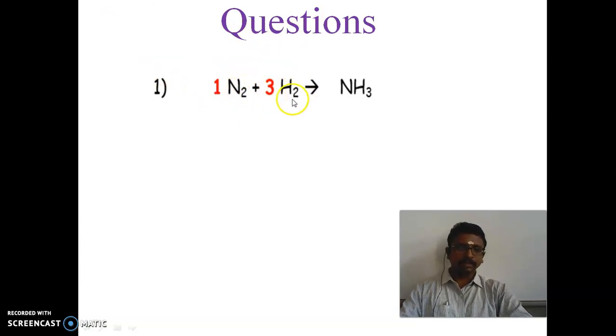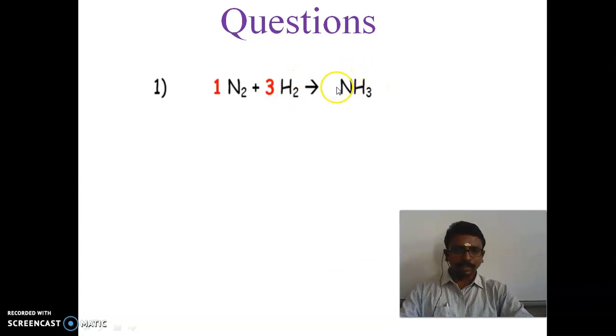In hydrogen H2, there are 3 molecules of hydrogen. So totally how many atoms are there in hydrogen? We have to multiply, that is 3 into 2, 6. So here 6 hydrogen atoms are there.